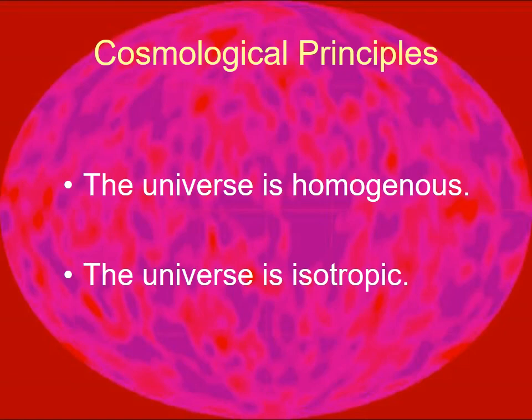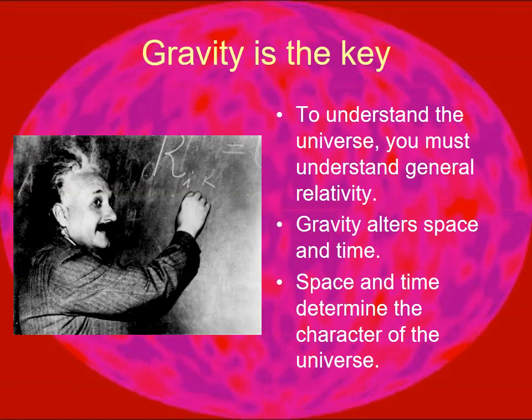So these are our basic assumptions for cosmology. We call them cosmological principles. The key to understanding all this is gravity. And so that'll be the next set of slides here, talking about gravity and how that affects the nature of space and time.